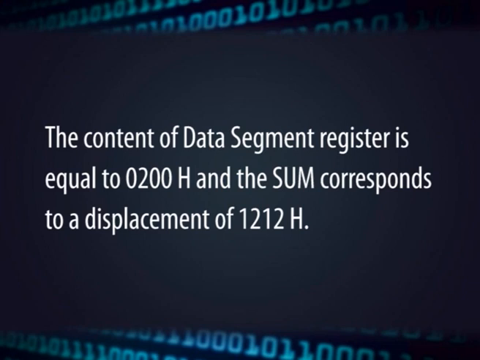In this instruction, the memory location identified by the variable sum is specified using direct addressing. Let us assume that the contents of the data segment register is equal to 200 hexadecimal and sum corresponds to the displacement of 1212 hex.